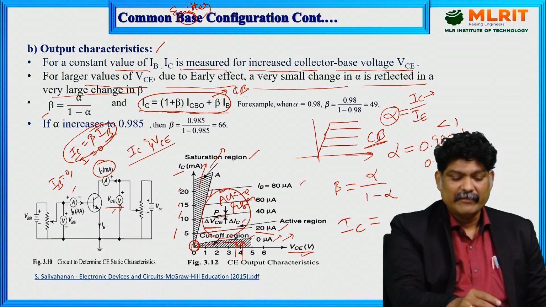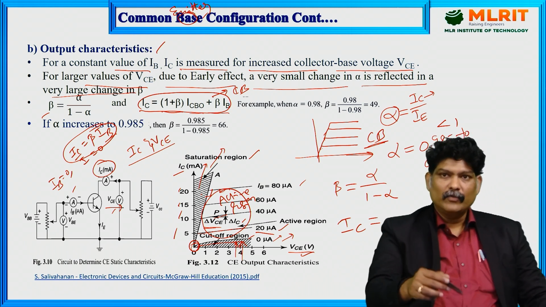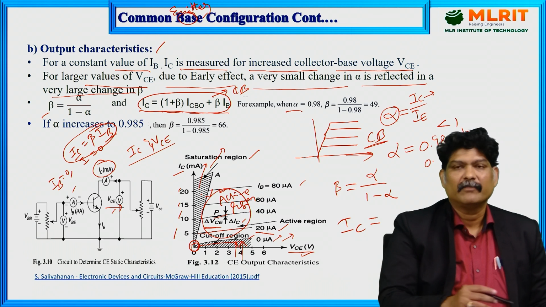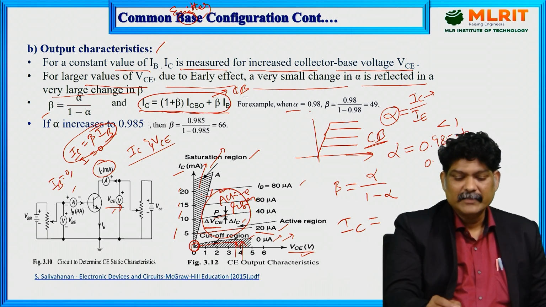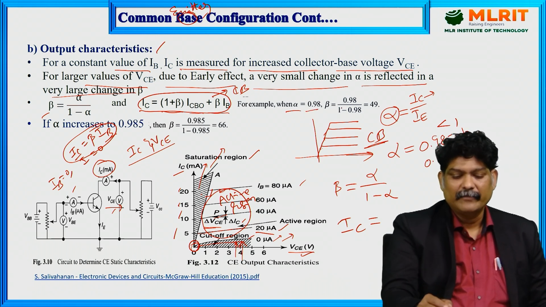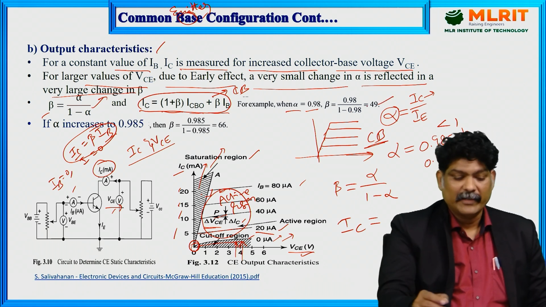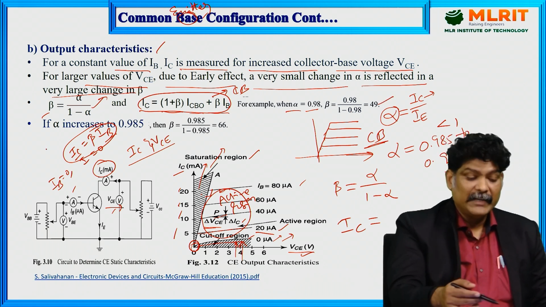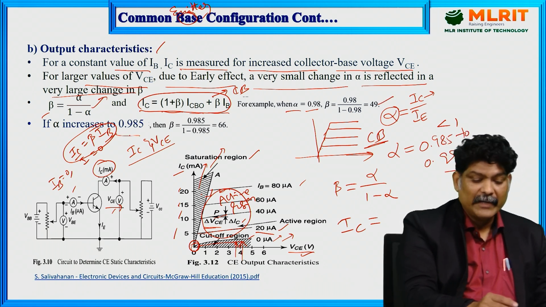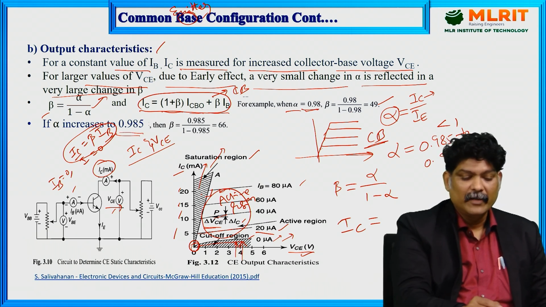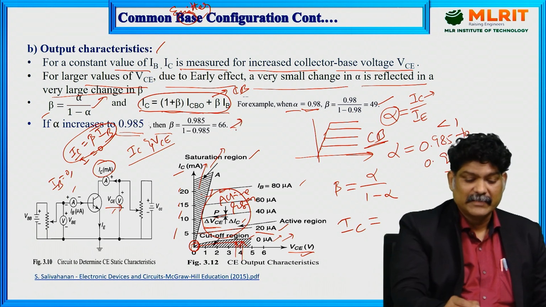From these equations we can see how beta is affected by a change in alpha. For alpha equal to 0.98, beta will be 49. If alpha increases to 0.985, beta becomes 66.